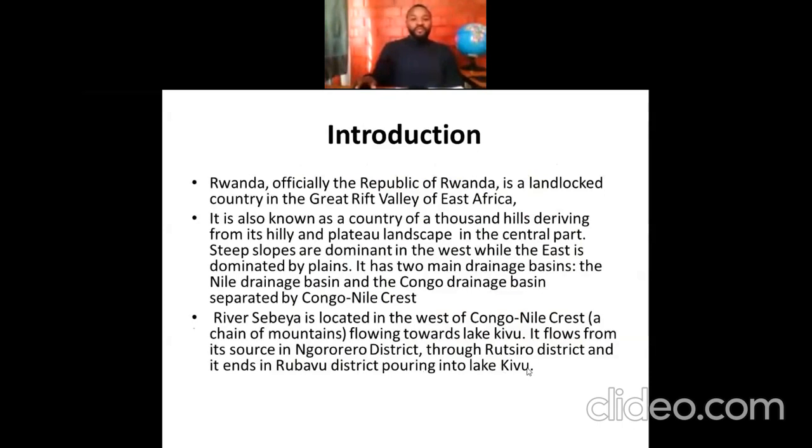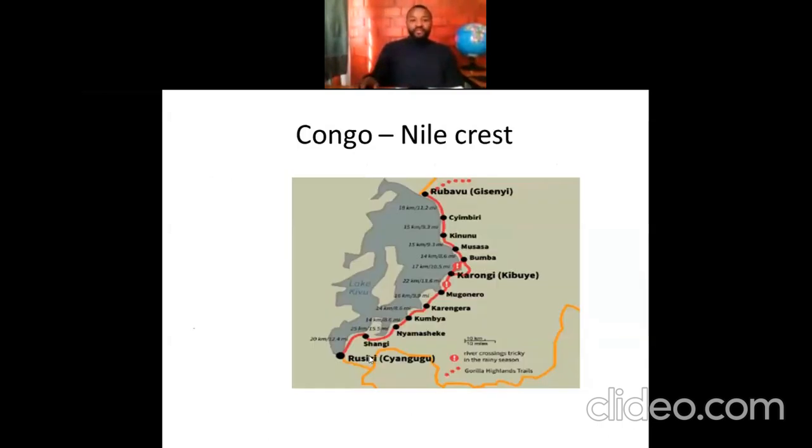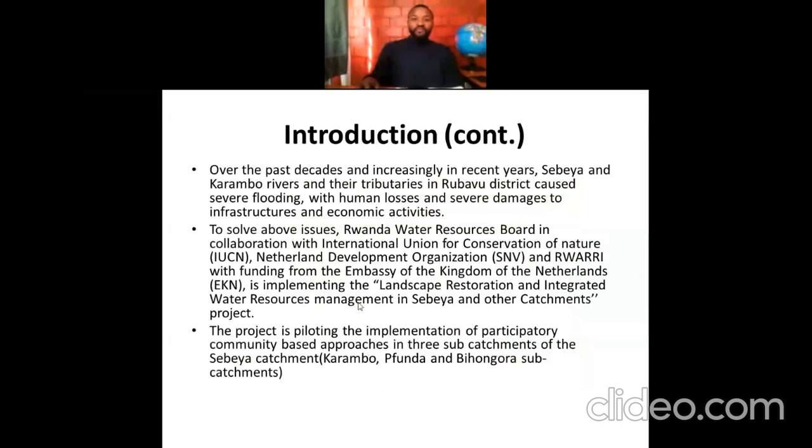So where it causes more problems when it is flooding is in its lower section, where it is almost pouring into its mouth. So that is Rubavu district. In that Rubavu district, it has been causing some human losses, some infrastructure damages, and some economic losses.